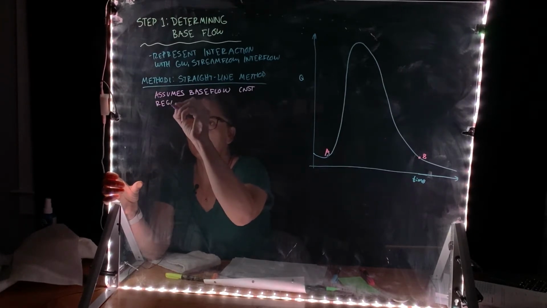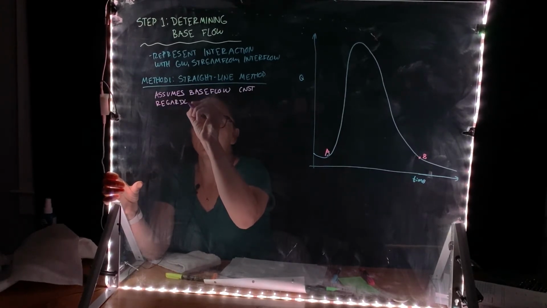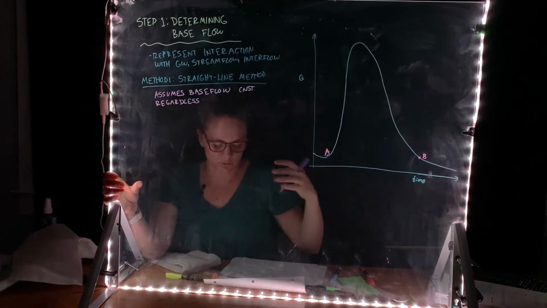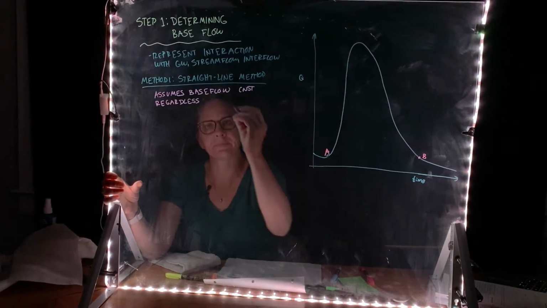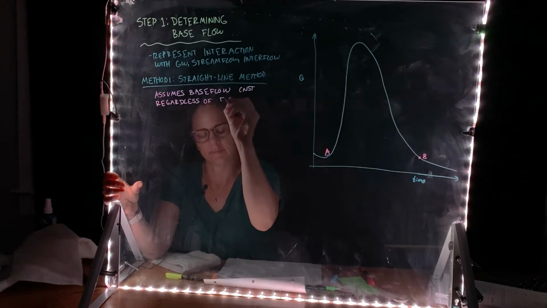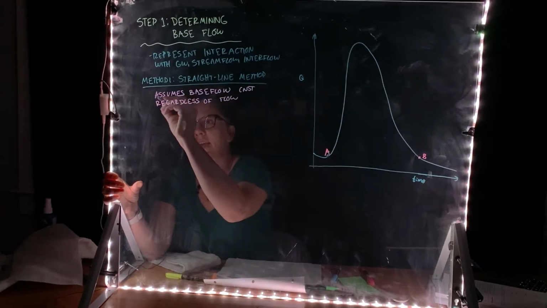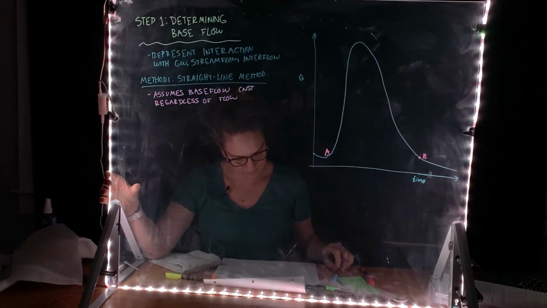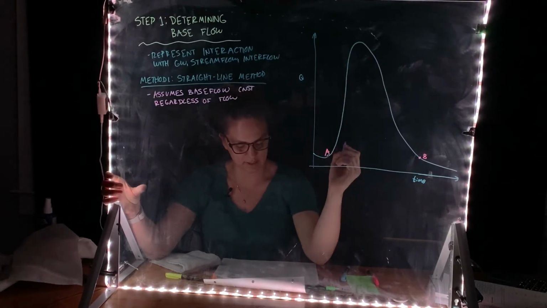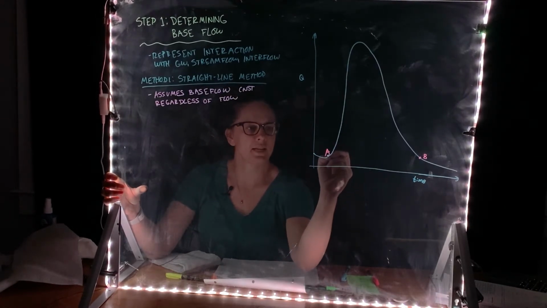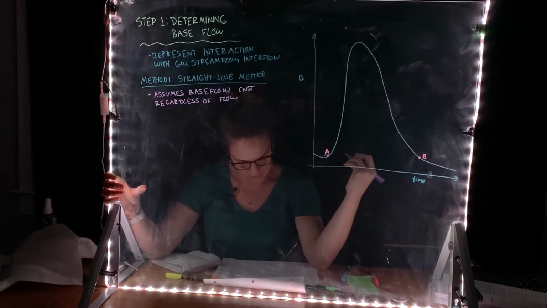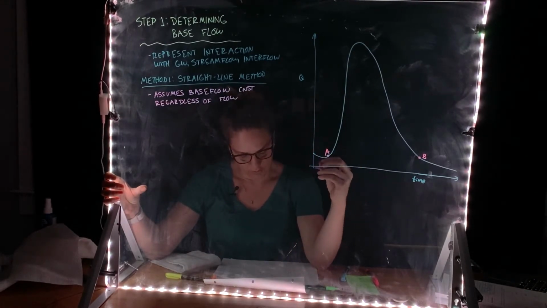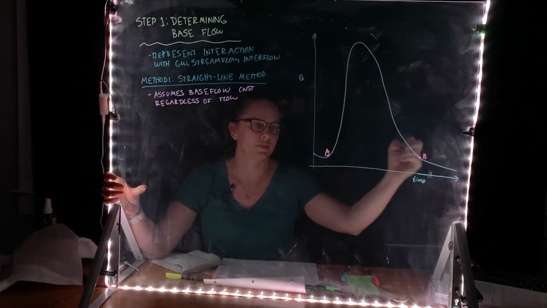So even when a storm passes by, this makes an assumption that no additional groundwater or interflow enters. And the way that this works is that you draw a horizontal line from the beginning of where your direct runoff starts to the intersection with this recession curve.